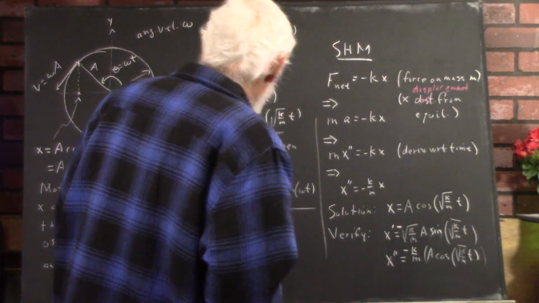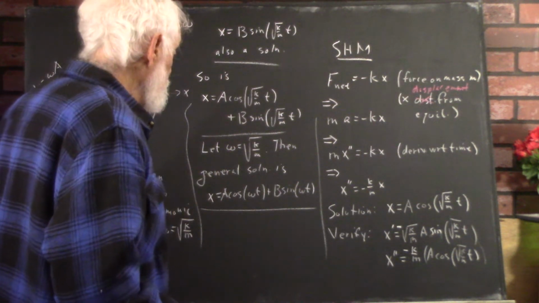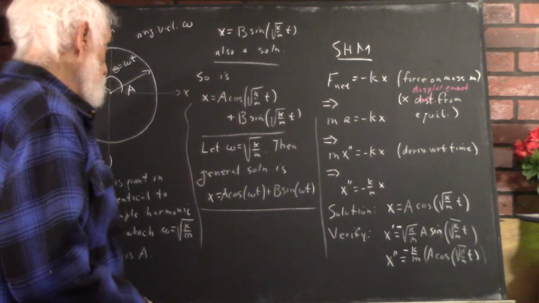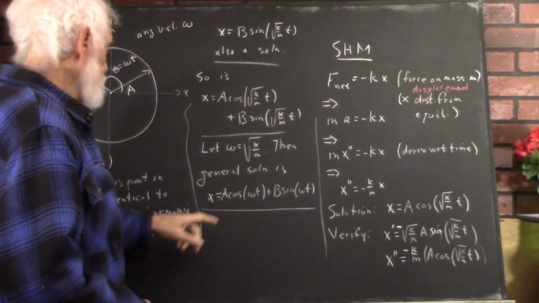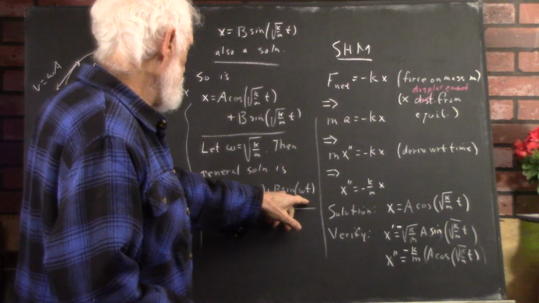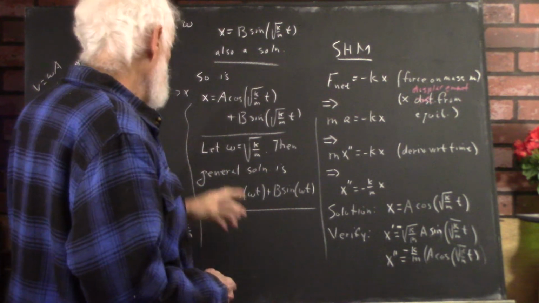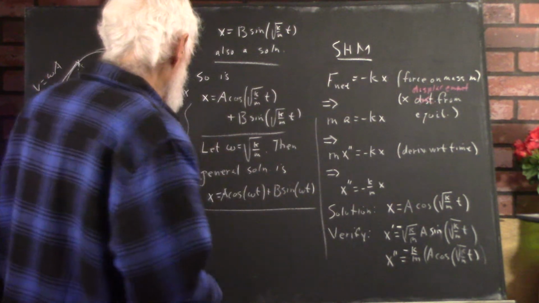Now we let omega equal the square root of k over m, and then your general solution could be written as A cosine of omega t plus B sine of omega t, just replacing the square root of k over m by omega.